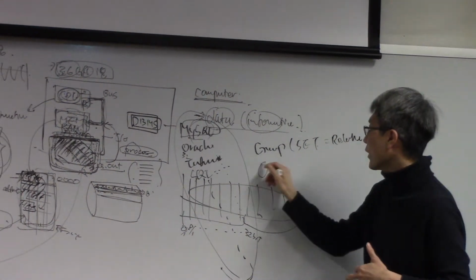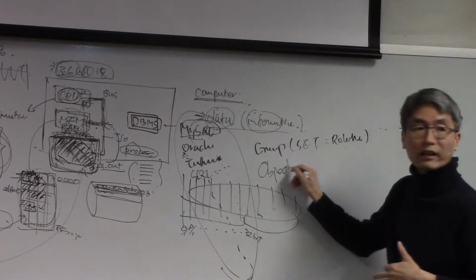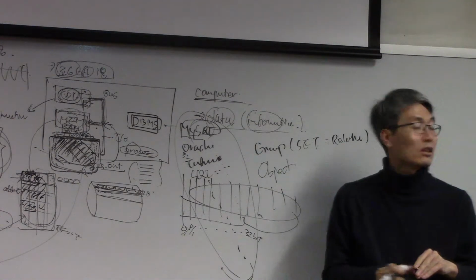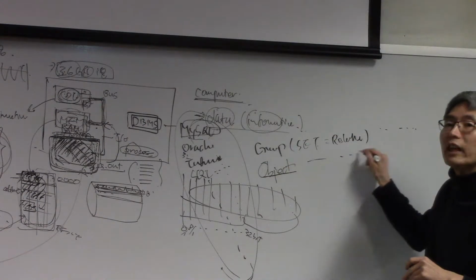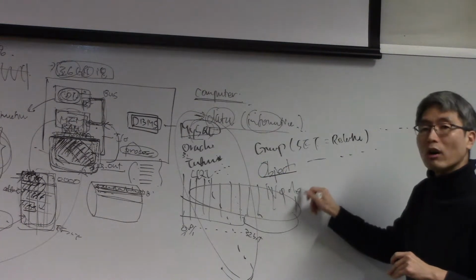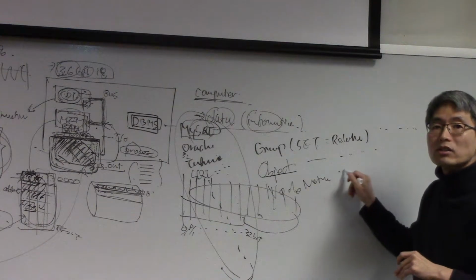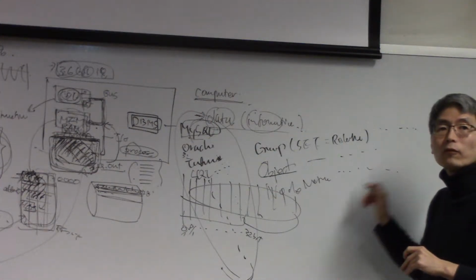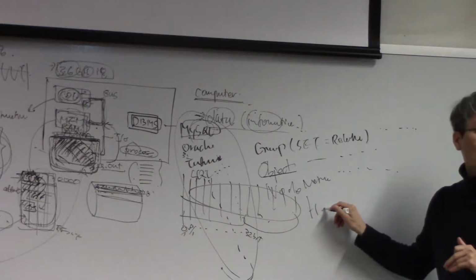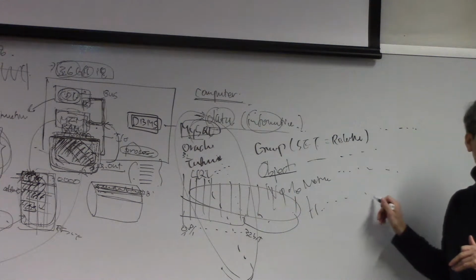Or if we consider data as an object, like the object-oriented concept, OOP, that you learn in your class, this is an object-oriented database. If we consider data as a node in a network, this is a network database. If we consider data as a hierarchy, like a tree structure, it's a hierarchical database system.